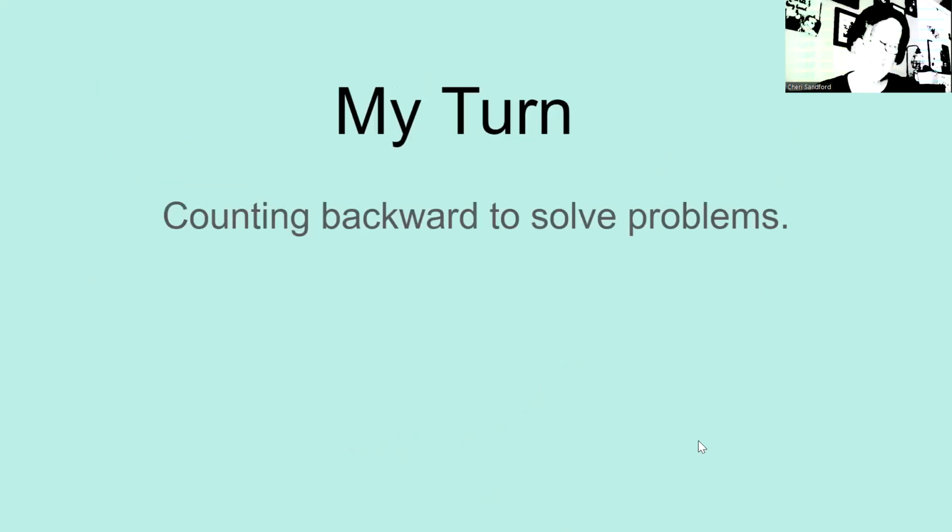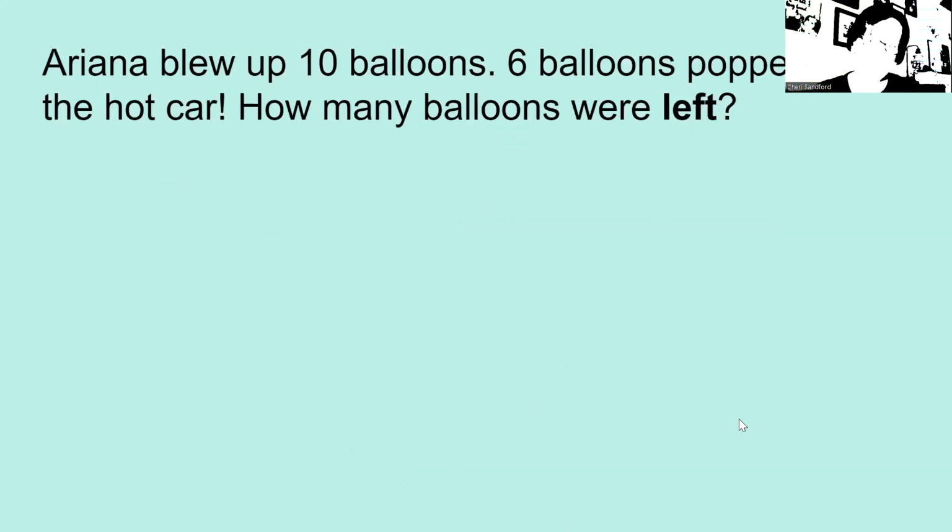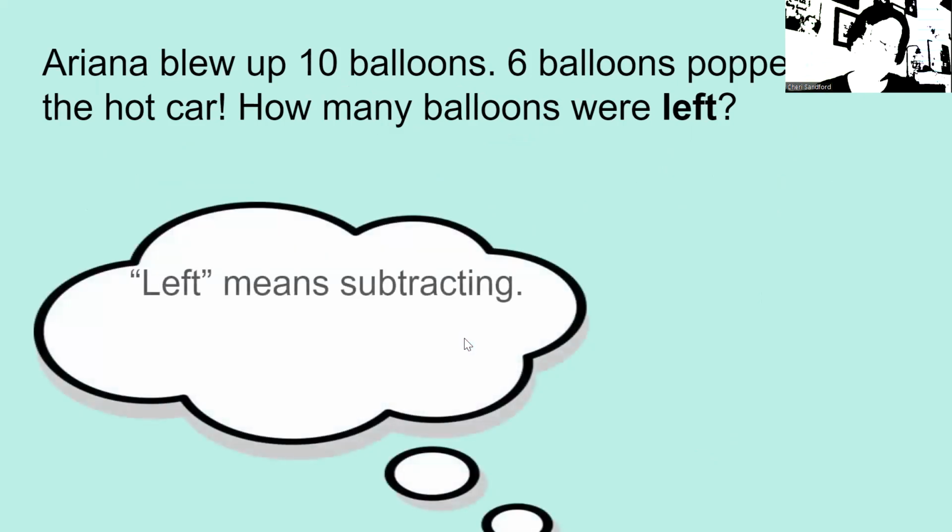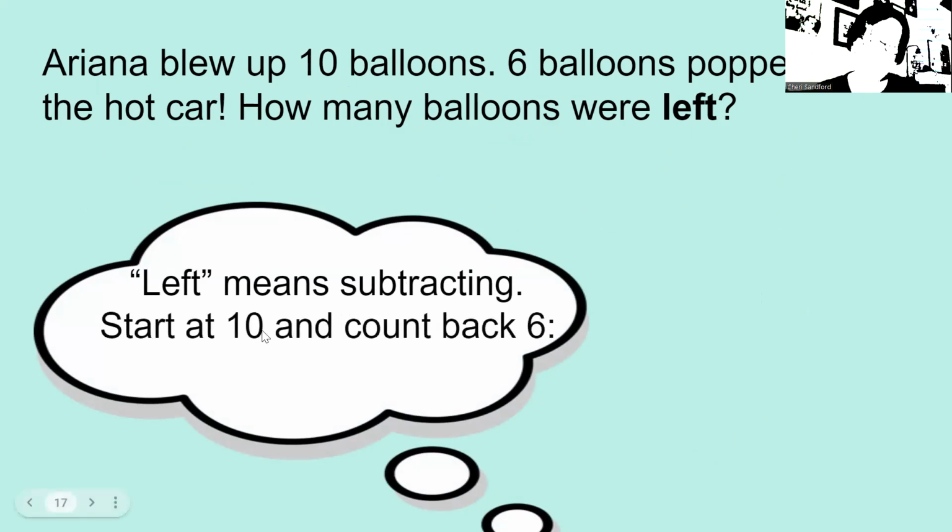This time I'm going to count backwards, guys. Things are getting smaller to solve this problem. Ariana blew up 10 balloons. 6 balloons popped in the hot car. Oh no! How many balloons were left? I know that the word left means subtracting. I'm going to start with my first number, which is 10.